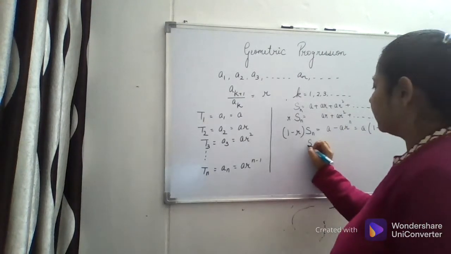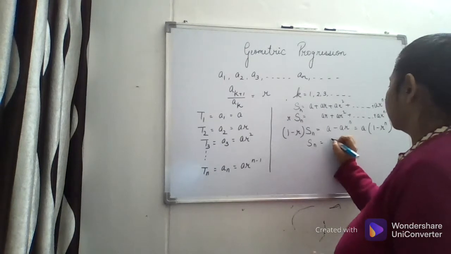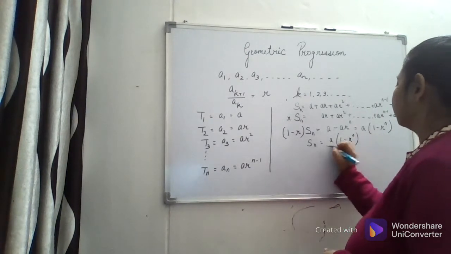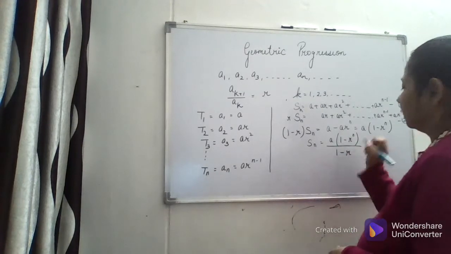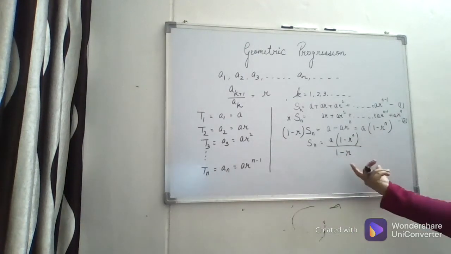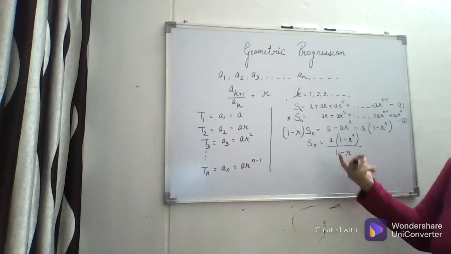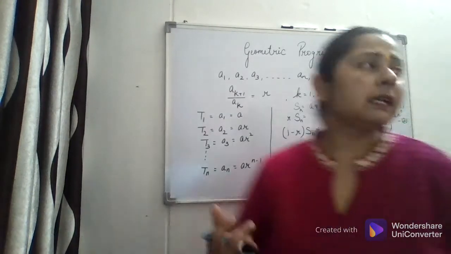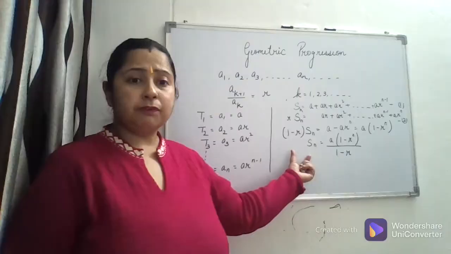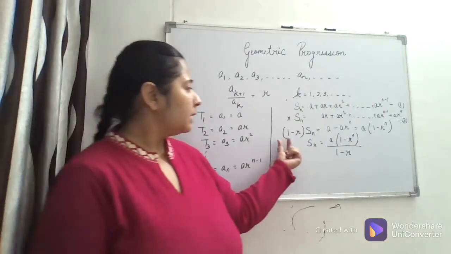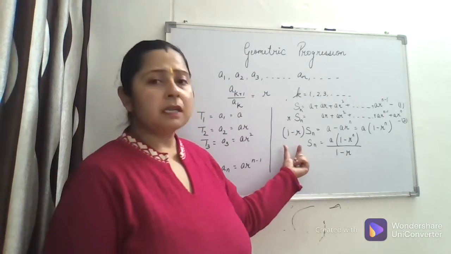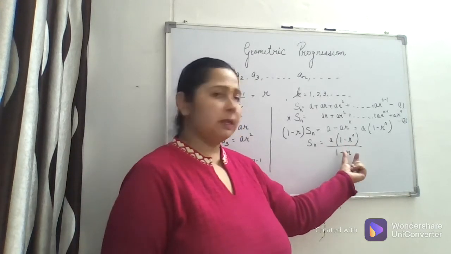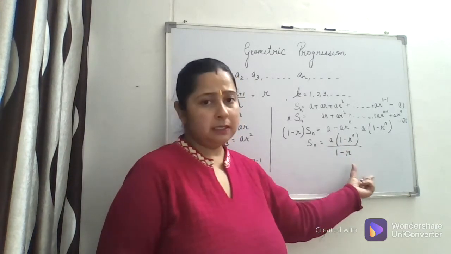So my Sn will be A(1 minus R^n) by (1 minus R). So this is the formula to find the sum of n terms. I hope it is clear how you find the sum of n terms: subtracting the GP, you find that the sum of n terms is A into (1 minus R^n) by (1 minus R).